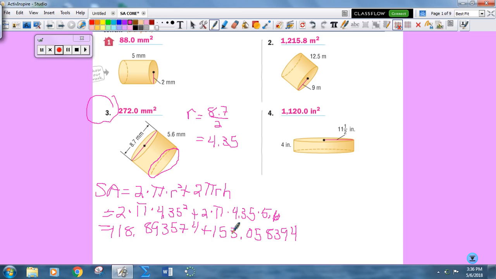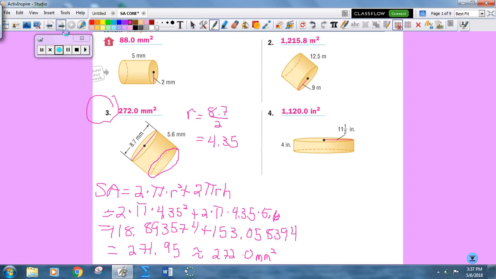And I add those two together. I get 271.95, which rounded to the nearest tenth gives me 272.0 millimeters squared.